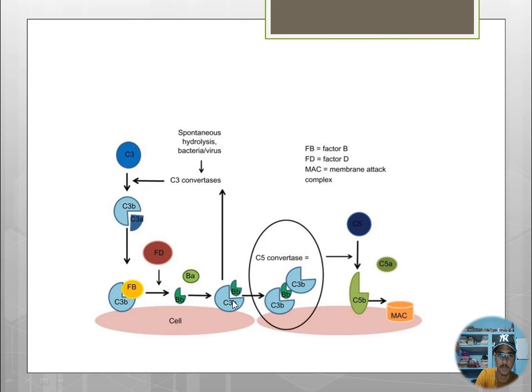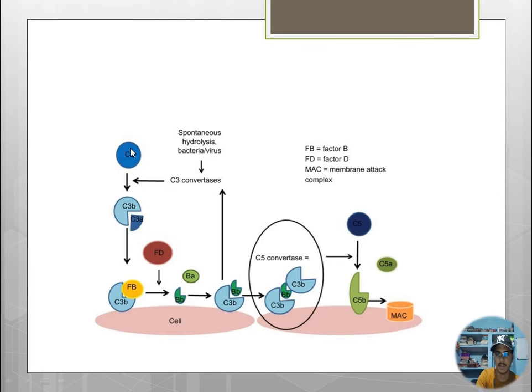Once C3b is again attached to this Bb, then this whole C3b, Bb and C3b complex is called a C5 convertase, and then it recruits the C5, which gets split into C5b and C5a, and then the MAC, that is the membrane attack complex, is formed.